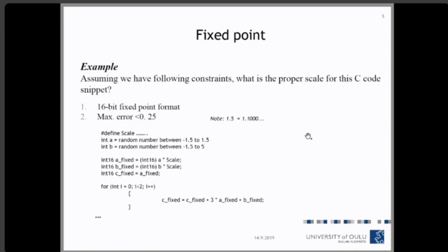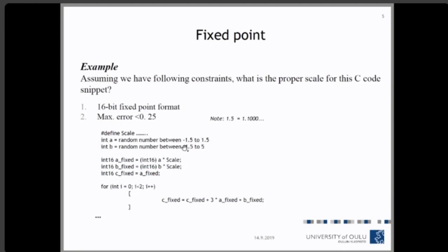Now we have to scale. If you remember, we had to scale numbers before we use them in our program. So assume that we have some number that should have been a float, and we know the size of the dynamic range of the number.